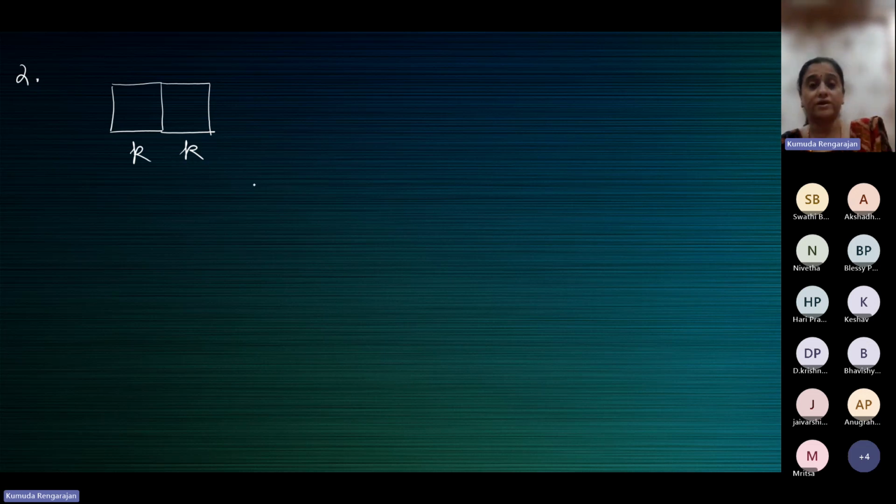Two identical solid cubes of side K units are joined end to end. I'm not drawing a cube, I'll just show a square like this. What is the volume in cubic units of the resulting cuboid?